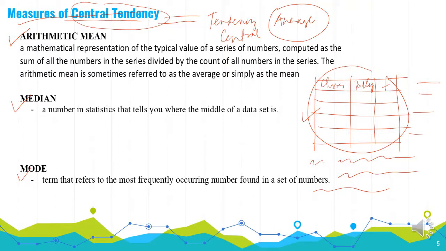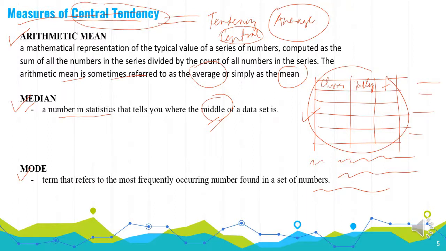The arithmetic mean is sometimes referred to as the average or simply the mean. The next one is the median, which is a number in statistics that tells you where the middle of the data is. That is why it is called central tendency. We are looking at the middle.